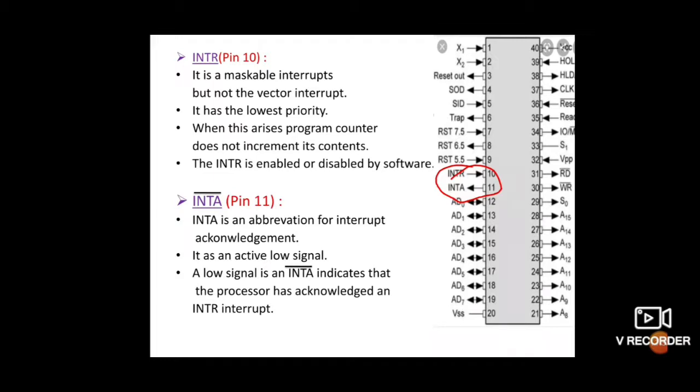Once you generate the acknowledgement, the microprocessor generates acknowledge. Understood, student? What is INTR? INTR and INTA bar, these two pins are correlated to each other. INTR is the interrupt request signal.